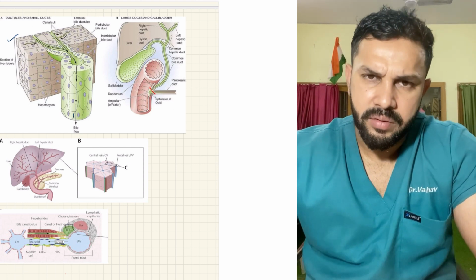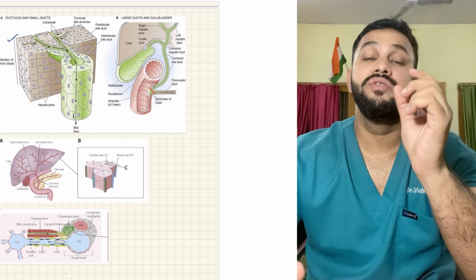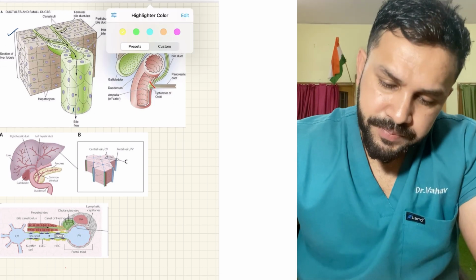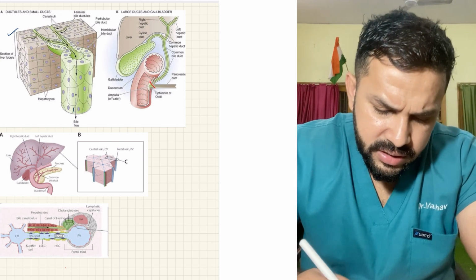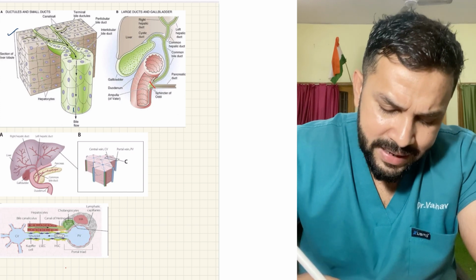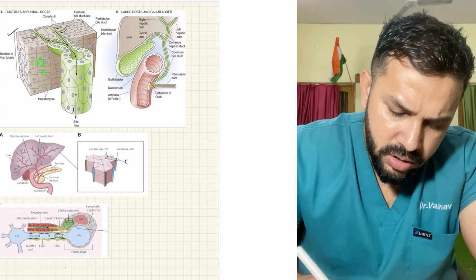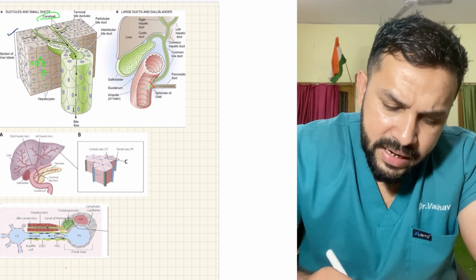the main part, we will go from basic biochemistry to the surgical part. If you see this, this is the section of a lobule and these are the hepatocytes. You can see the bile duct here, the small bile canaliculi.